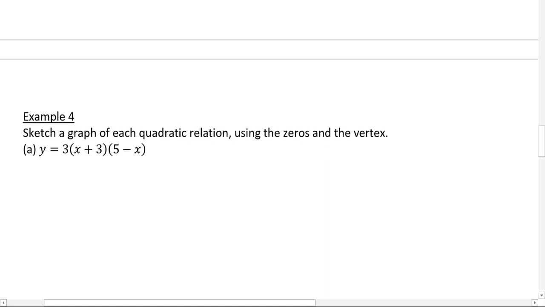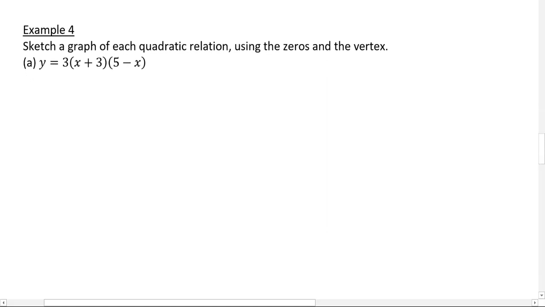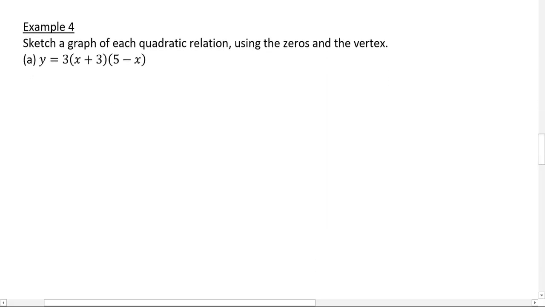Alright, so we're going to sketch the graph of each quadratic relation using the zeros and the vertex. So the first step is we're going to find the zeros. And to find the zeros, we're going to let y equals 0. So we have 0 equals 3 times (x plus 3) times (5 minus x).